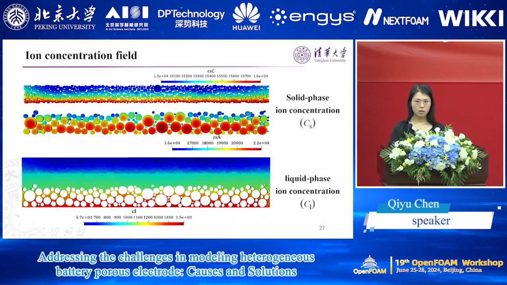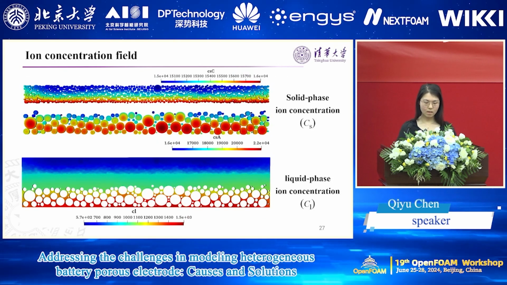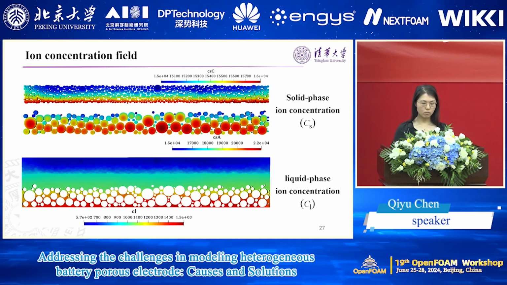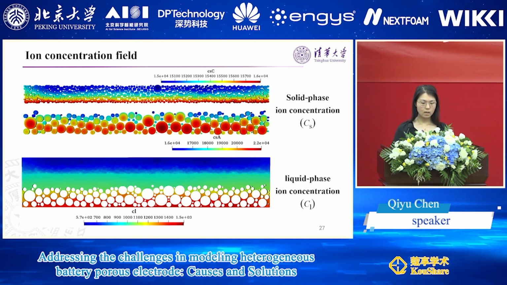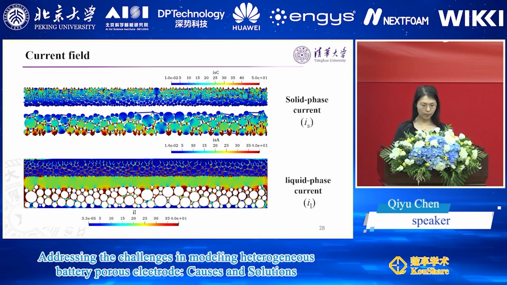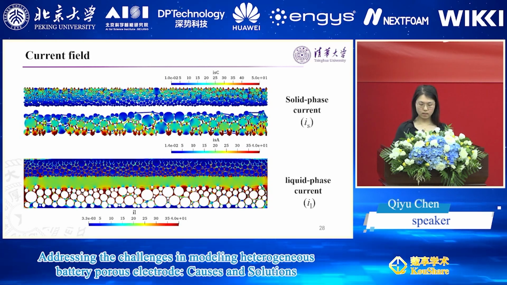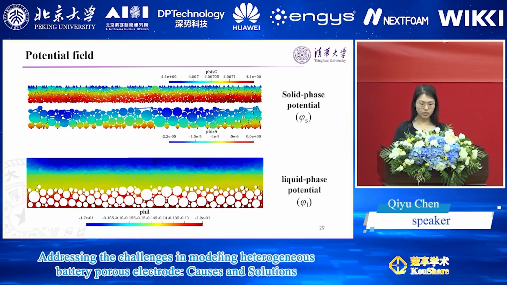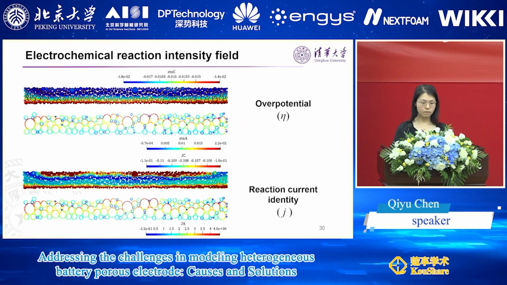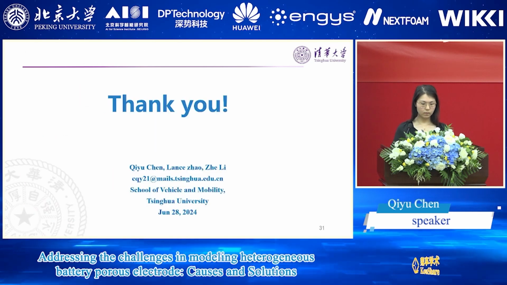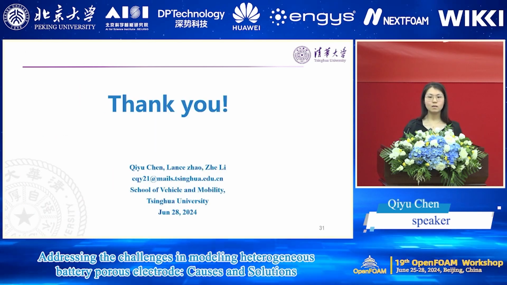This is some output from our electrochemical solver, such as solid phase and liquid phase ion concentration, solid phase and liquid phase current, potential field, and overpotential reaction current density field. Thank you. This is my presentation.